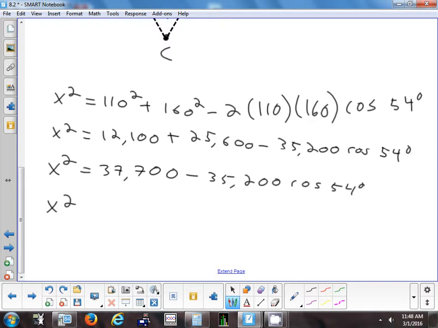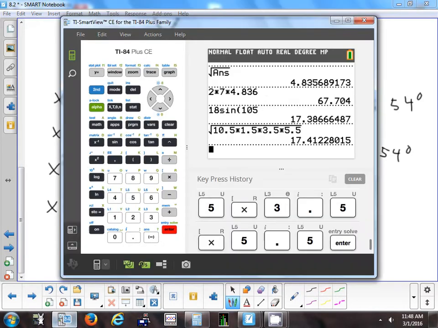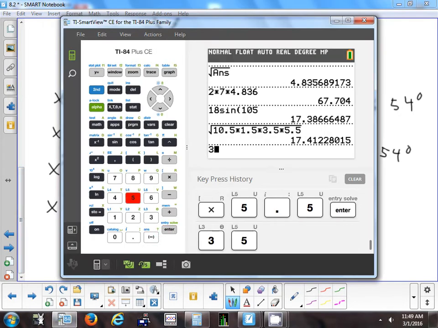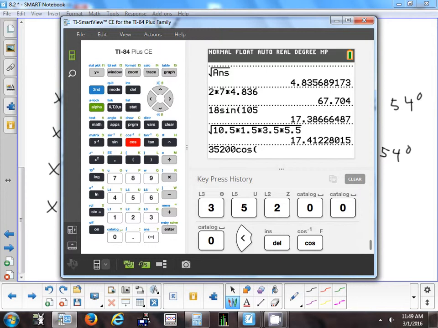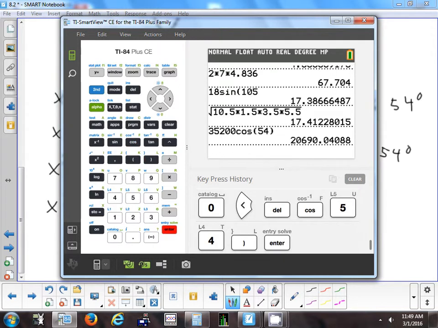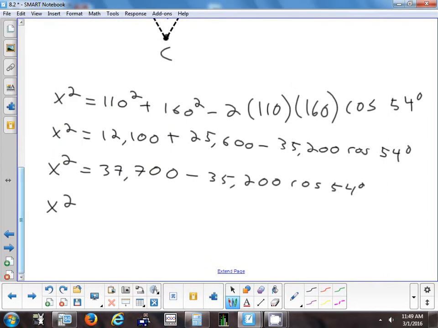What's my next step? Cosine 54. Yep, so we're going to take 35.2 and multiply it by cosine 54. Cosine of 54, okay, we get 20,690.04.